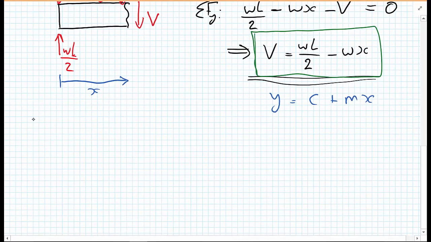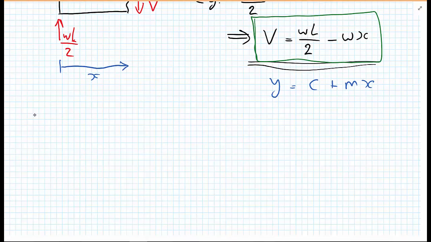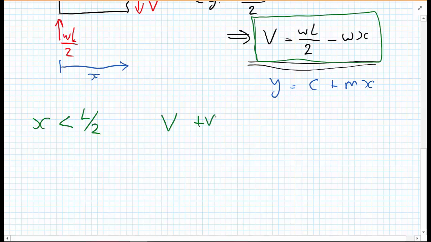So let's quickly evaluate this function at different parts along the beam. Where the coordinate x is less than L upon 2, up to halfway, we have WL upon 2 minus W times something less than L upon 2, which means V is positive in this section of the beam.